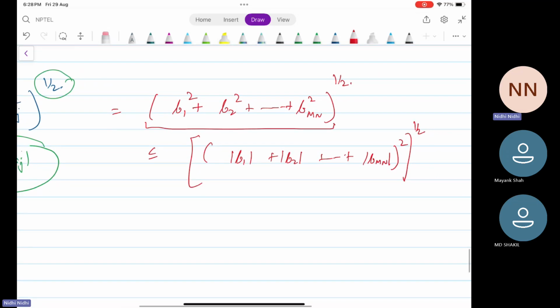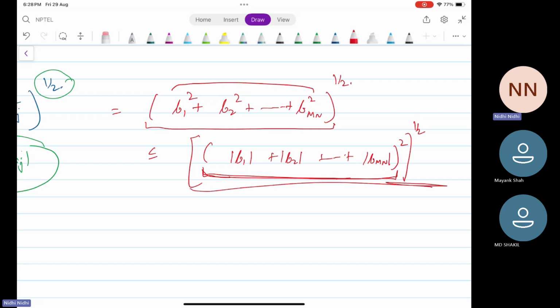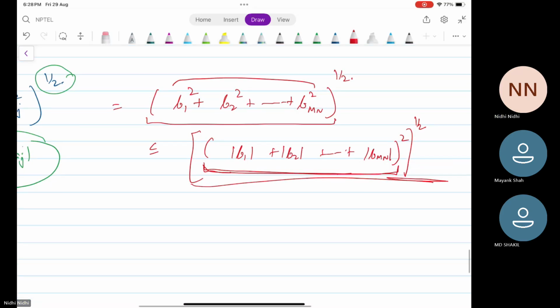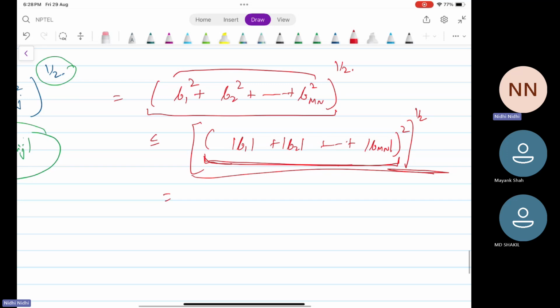Because when we use the binomial expansion, the square will have terms of this form plus some positive terms. So eventually, this side will be the greater one. That's what I wanted you to think about.